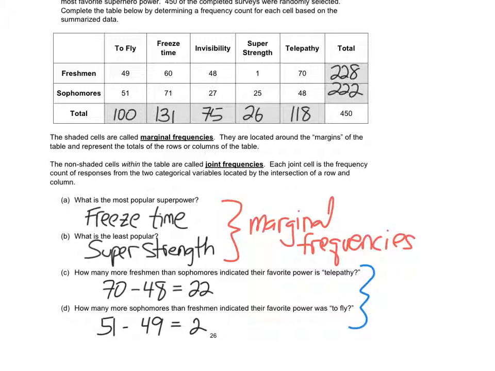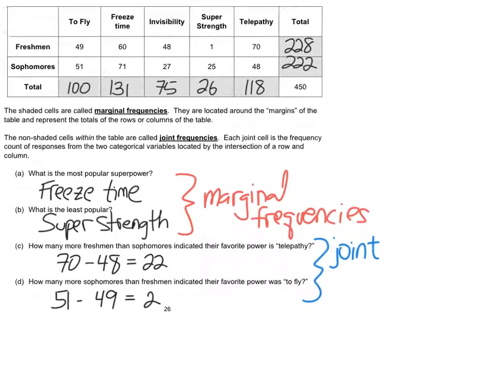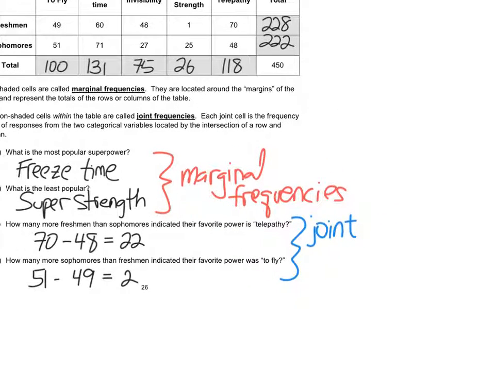The values after that are dealing with joint frequencies. Now the fact that we're actually subtracting and adding, or in this case both cases subtracting the joint frequencies, that doesn't matter. The numbers themselves are joint values. So knowing what they're called is an important part of this, and so you're going to want to take some time and make sure you study those terms.